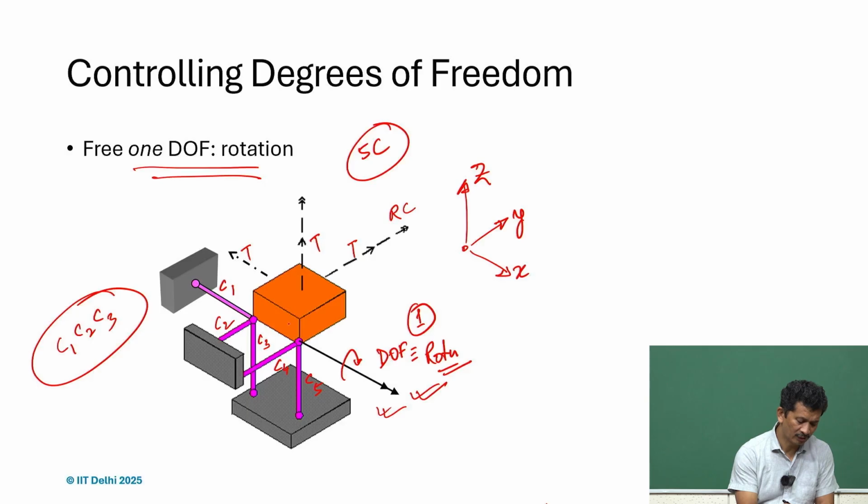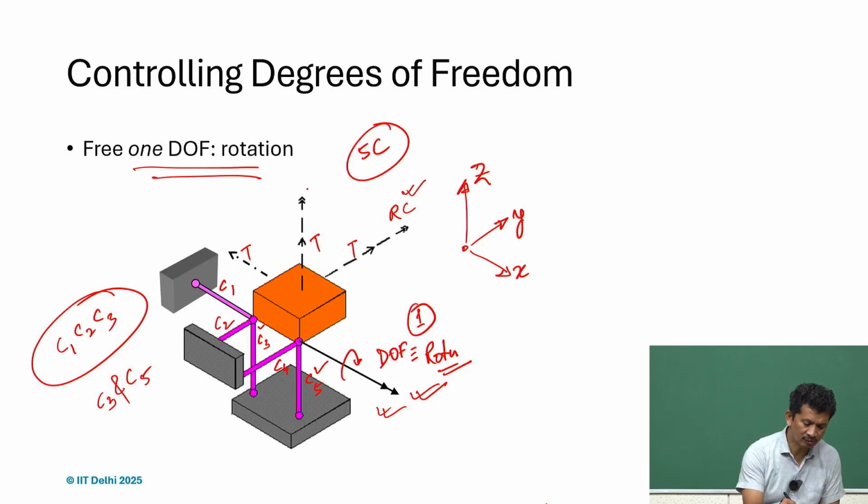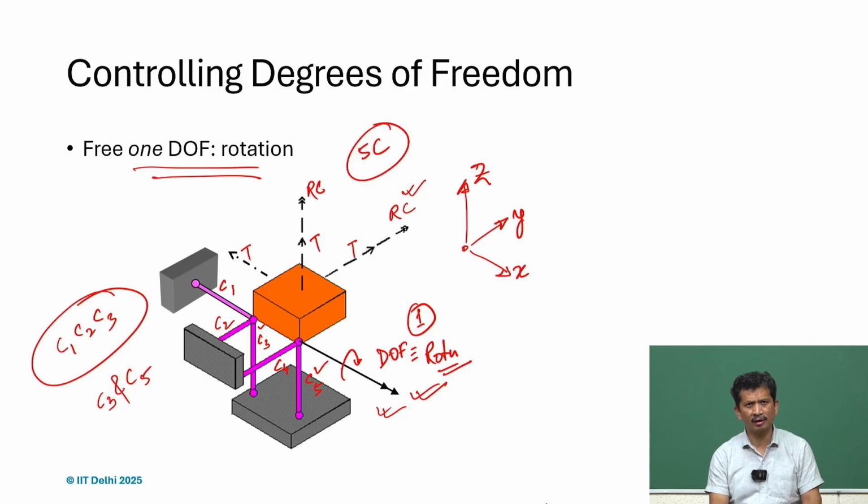So, if with C 3 we put C 5, so C 3 and C 5 together, they are parallel in a plane perpendicular to the y axis, parallel, and there is an offset. So, then we realize that C 3 C 5 together, it will constrain the rotation along y axis.